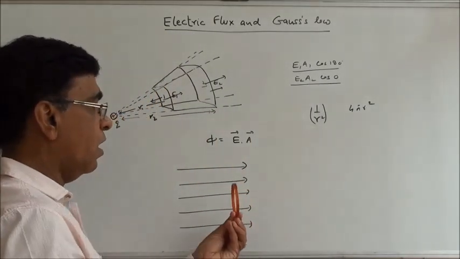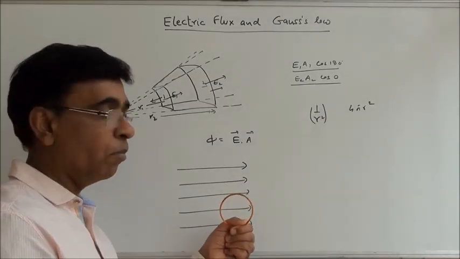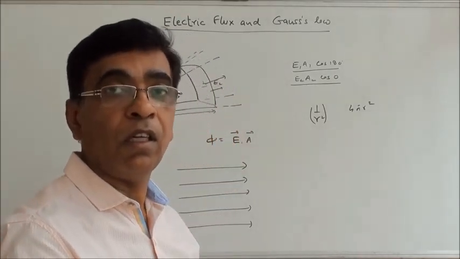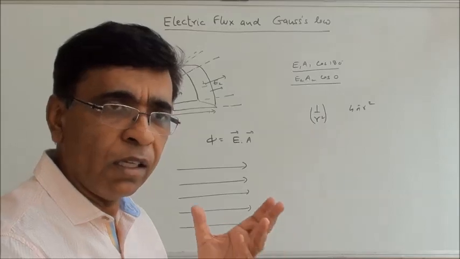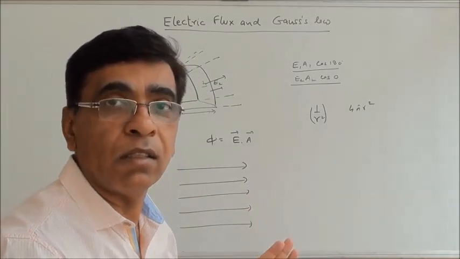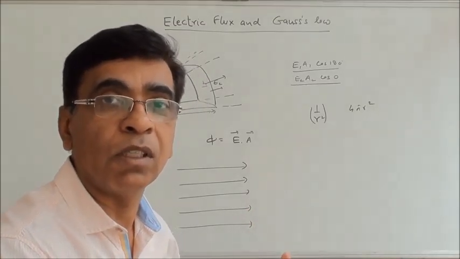This is the surface area, so when it is like this, flux is maximum. When it is like this, flux is minimum. Actually, flux here does not denote any quantity, any substance that is moving out, that is flowing through this, but it tells us about the number of lines of force passing through an area.